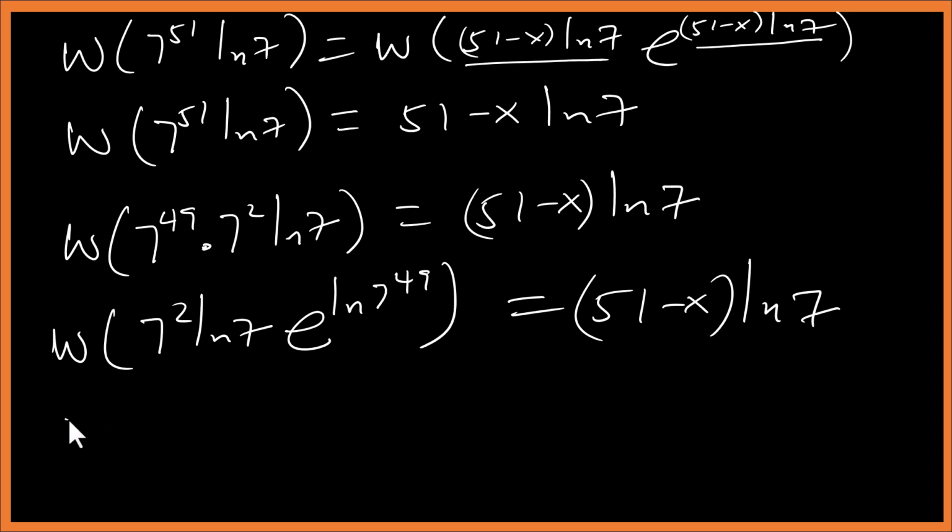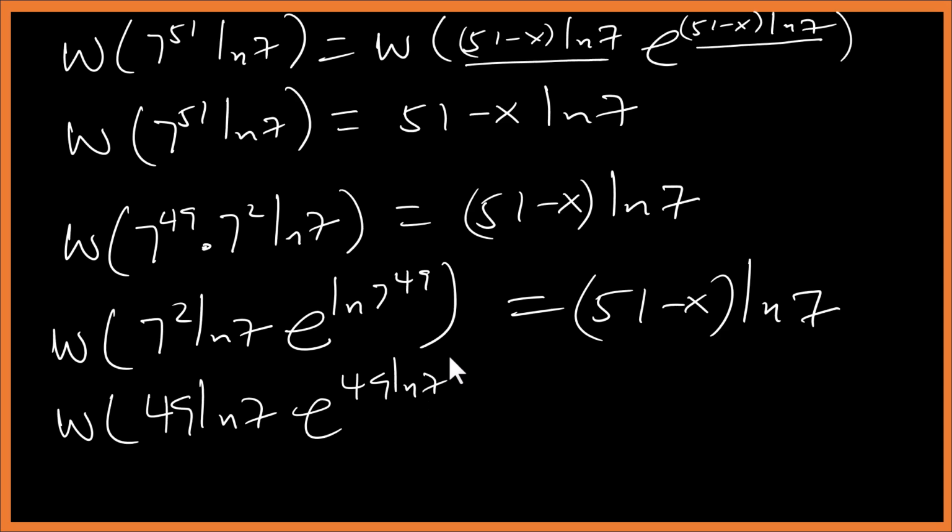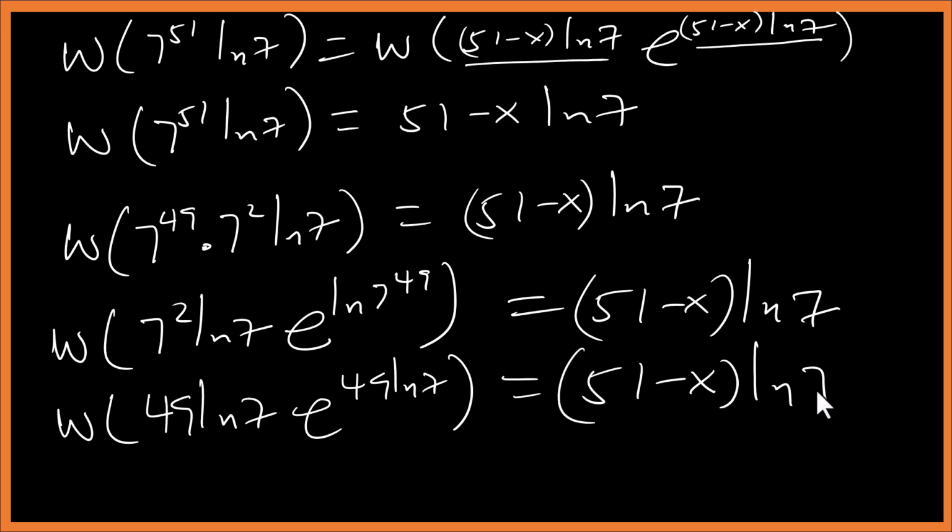So this side will be 7 squared is 49 ln of 7, and we have this one as e raised to the power 49 ln of 7, equals 51 minus x ln of 7.